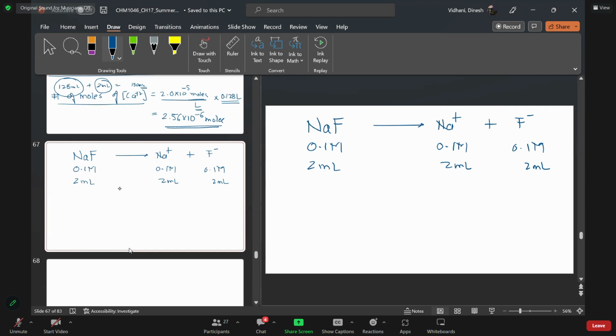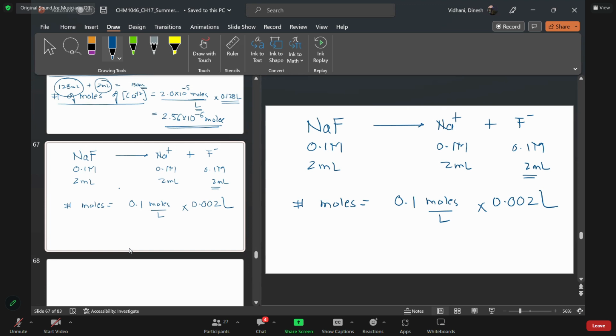So how do we do that? Well, the number of moles will be molarity, which is 0.1 moles per liter, multiplied by 2 ml, right? 2 ml is how much? 0.002 liters. Is it right? Yeah.